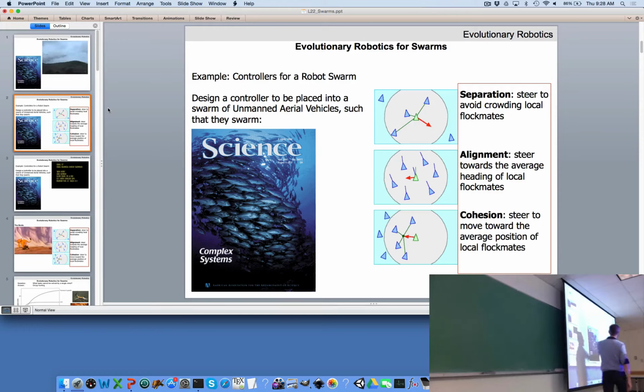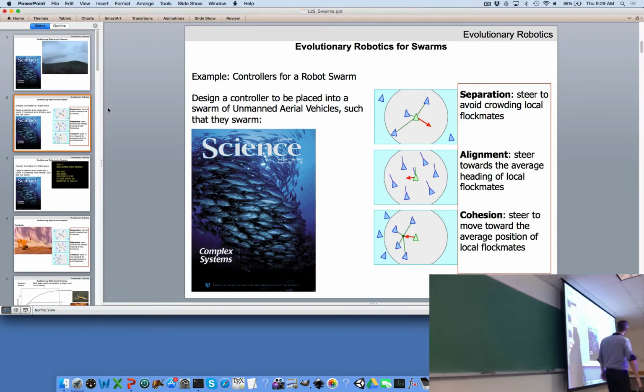So let's start with separation. This boid looks towards all of its flock mates inside this sphere, and it looks at its relative distance from all of them. It sums the relative distance, and whichever side there are more neighbors on, in this case left, then at the next time step the separation function is going to turn the heading a little bit to the right.